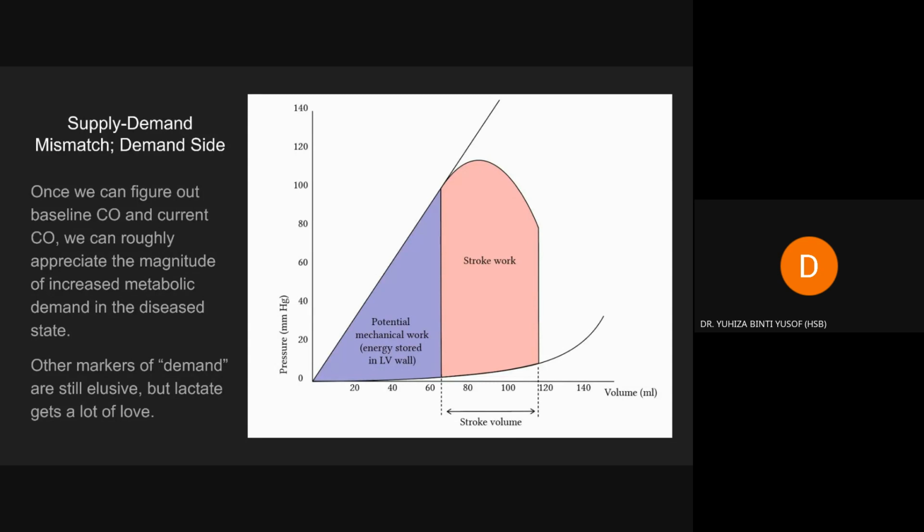You understand what I mean? If this line moves to the right side, the area under the curve is still the same, but the efficient work, the ratio of efficient to not efficient work increases. Eventually, the stroke volume is going to drop so much to the point that it can't supply perfusion.